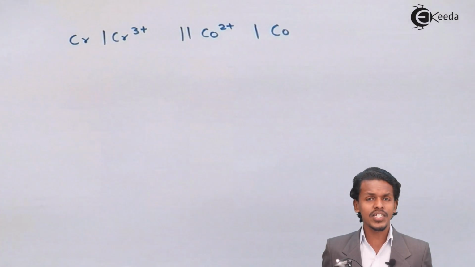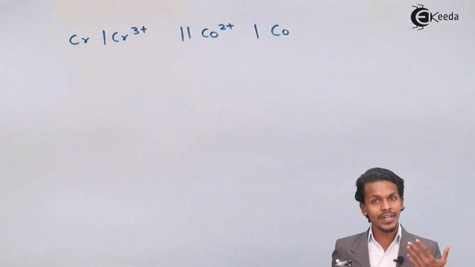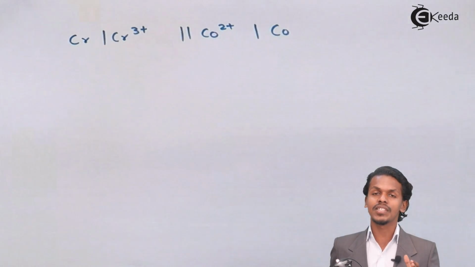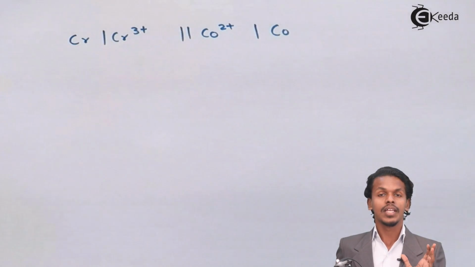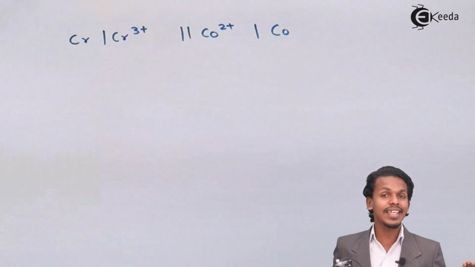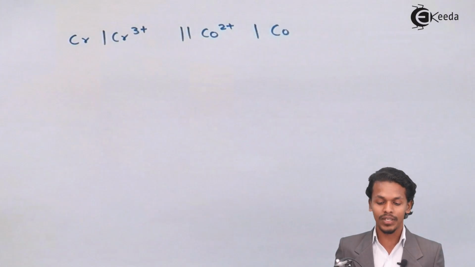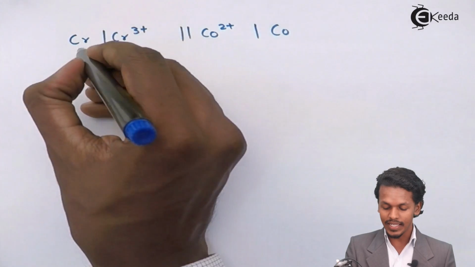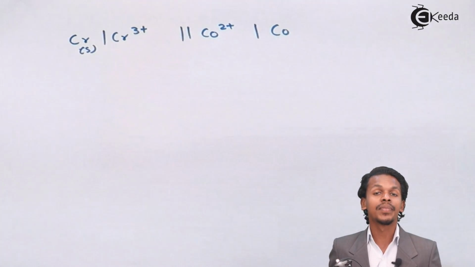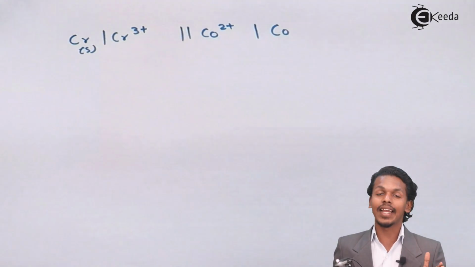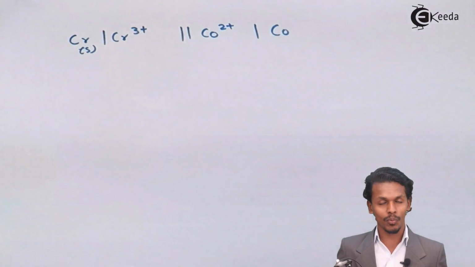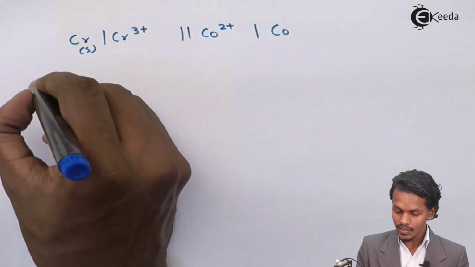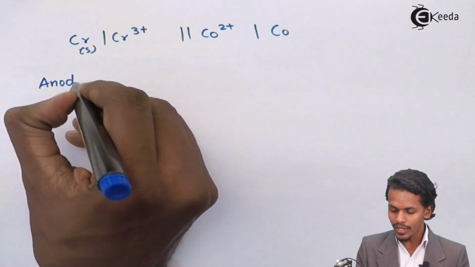According to the IUPAC convention of a cell formula, we know that the anode is represented on the left hand side of a cell formula. In this case, chromium is the electrode which is placed at the extreme left of the cell formula. So therefore this chromium is nothing but an anode, so in this case the anode is chromium.